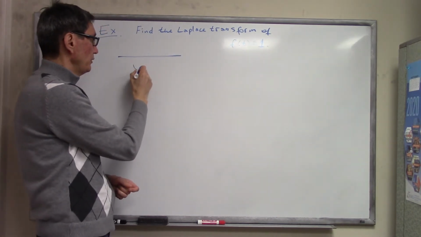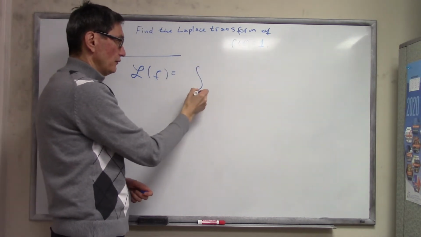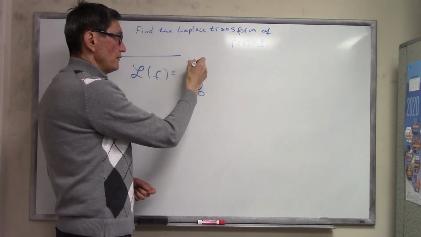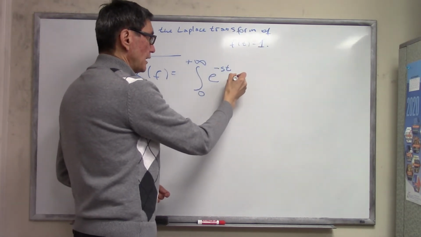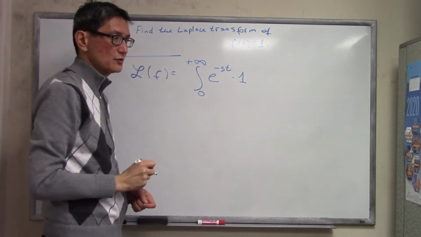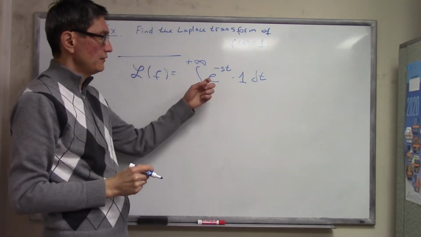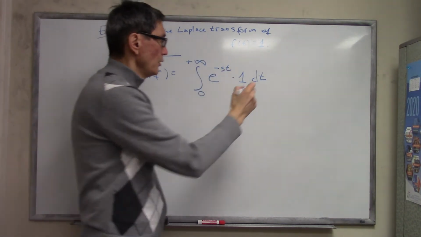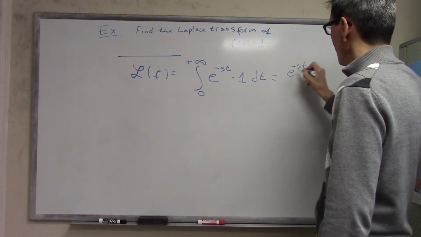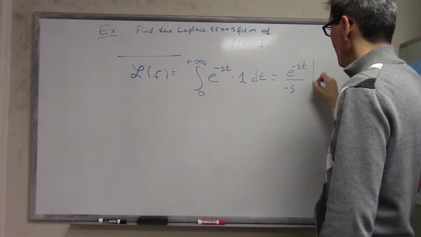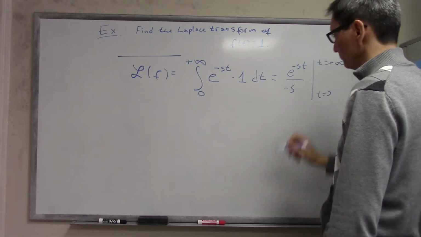By definition, Laplace transform of f equals the integral from 0 to plus infinity of e to the negative st times our function, in our case the function is 1, dt. We find the antiderivative of e to the negative st, which is e to the negative st over negative s, and we do it from t equals 0 to t equals plus infinity.